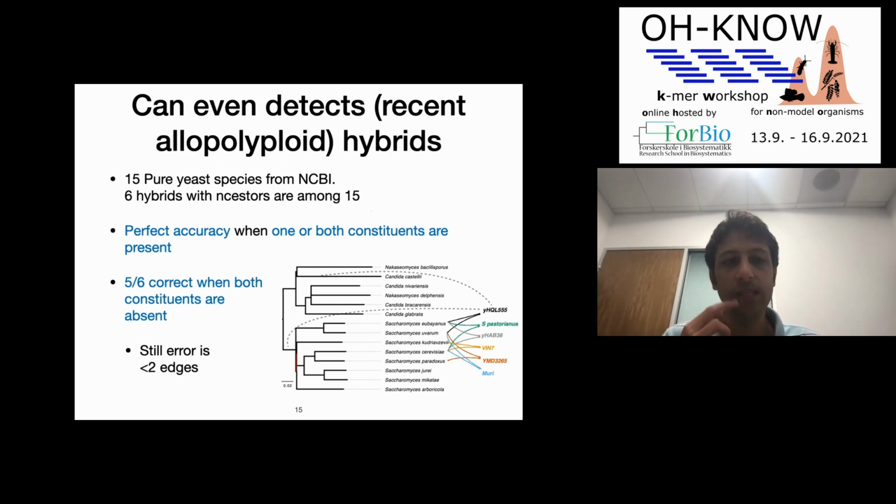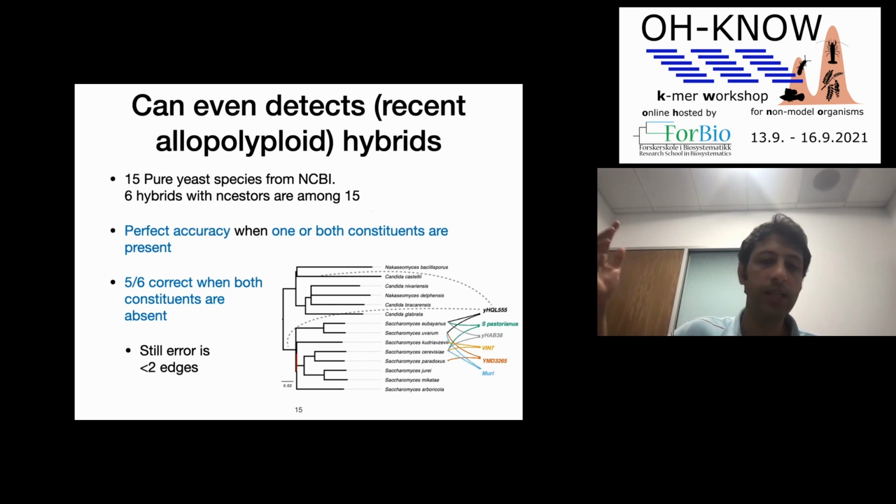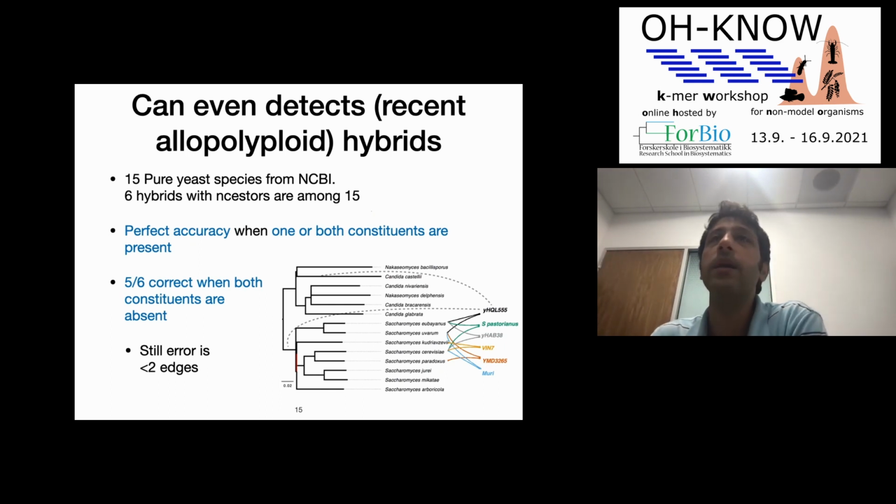So the other question is, how recent is recent? If you're talking about hybridization that happened millions of years ago, that's not recent. All these hybridizations that we are talking about are between the leaves of the tree. If you get to scenarios where hybridization is between ancestral nodes, that is more complex, right?